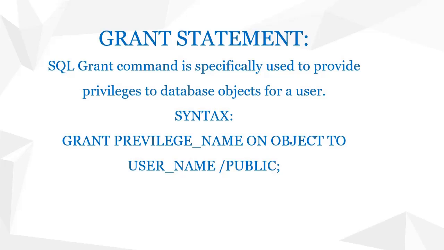Here you can also assign the privileges to public, which means anyone who operates the data can use those privileges. Okay, so now let us see practically how the grant command works.